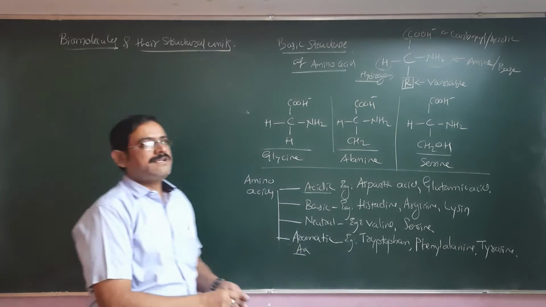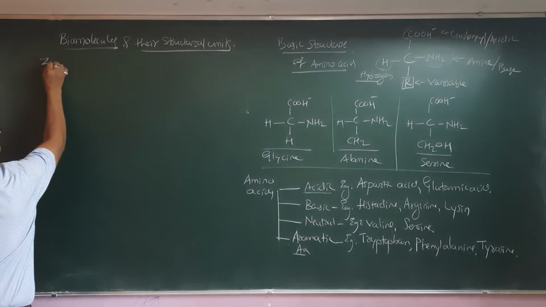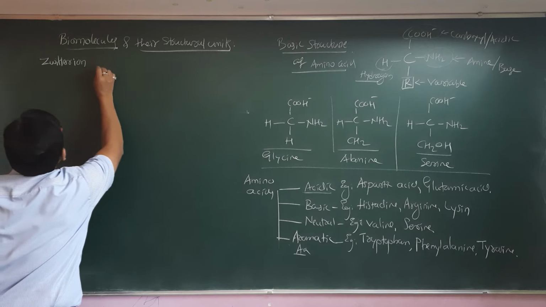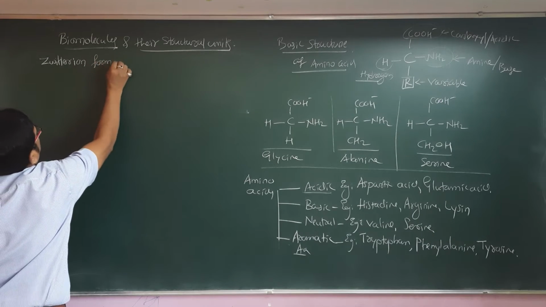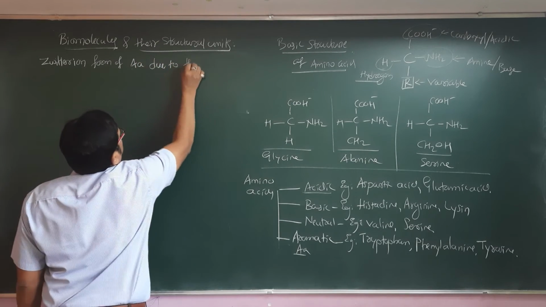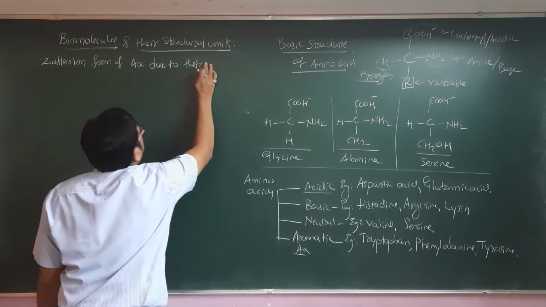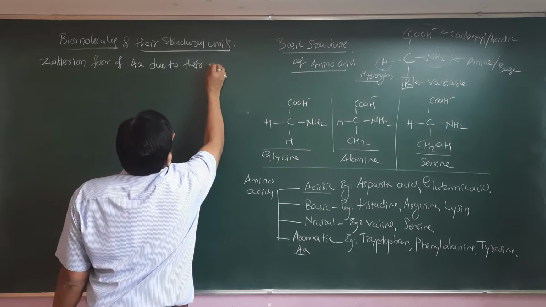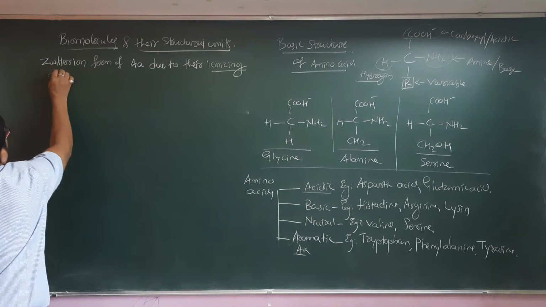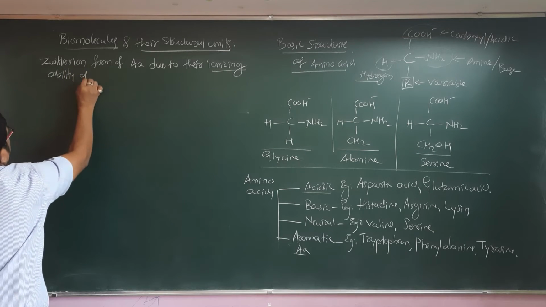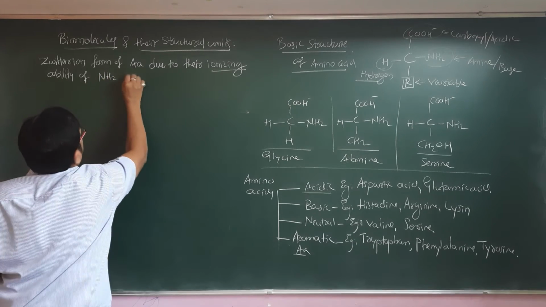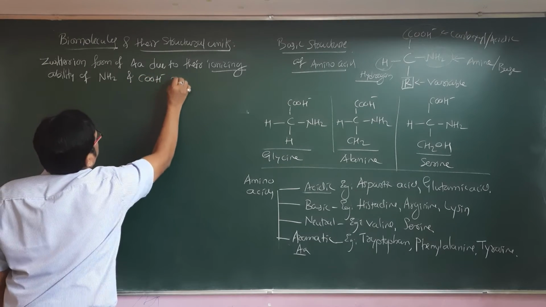So the Zwitter ion form of amino acids is due to their ionizing ability, mainly of the amine group NH2 and the COOH groups.